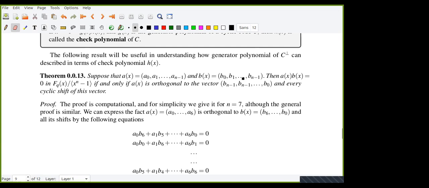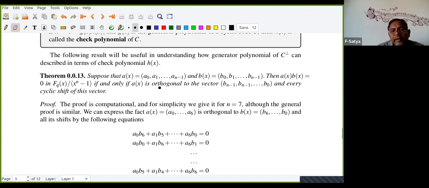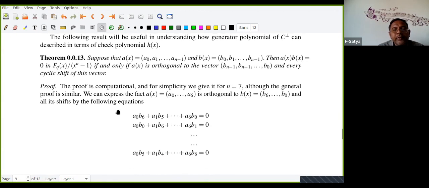But what I am saying is, not only are these two orthogonal, any cyclic shifts are also orthogonal. So a(x) is orthogonal to the vector and every cyclic shift of this vector. Look at what is happening here. I'll explain further, but first understand the statement.